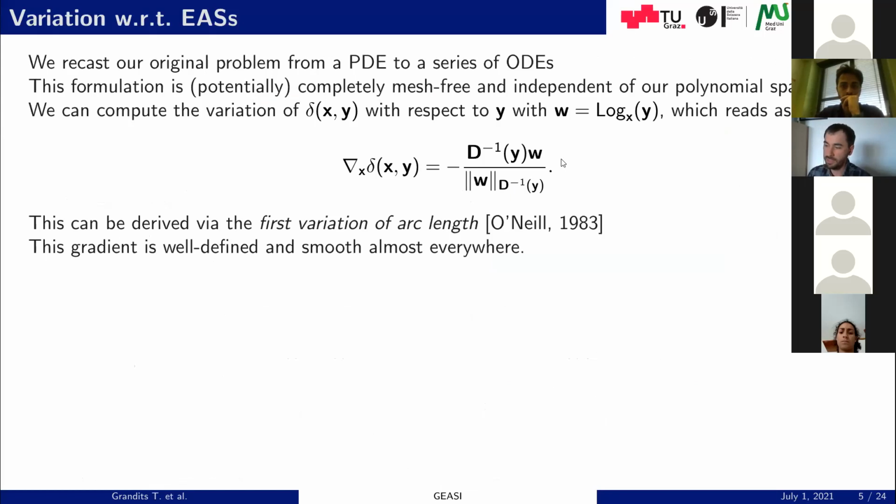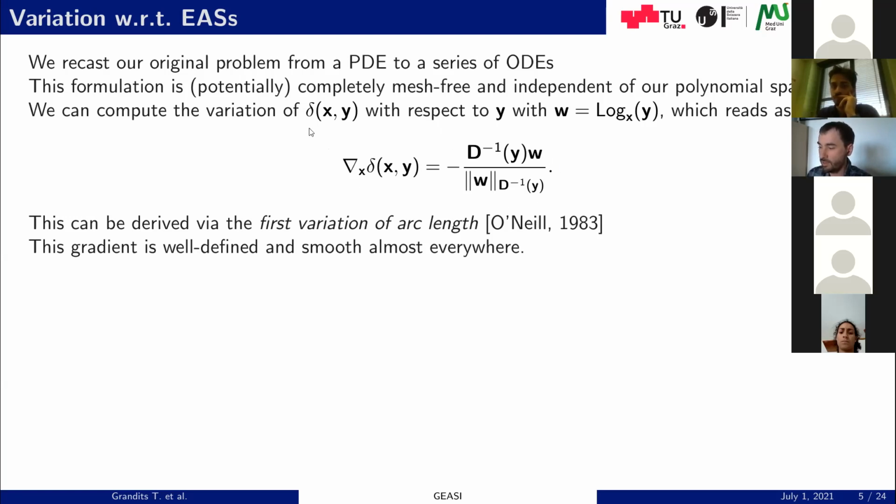What we're doing here is recasting the problem from a PDE into a series of ordinary differential equations. The nice thing, or maybe it's a neutral thing, is that it's potentially mesh-free, so you can choose the order of the solution that you want. It's also independent of the polynomial space on which you discretize. Now the important thing is we're using a gradient-based approach, which has been shown to be more efficient.